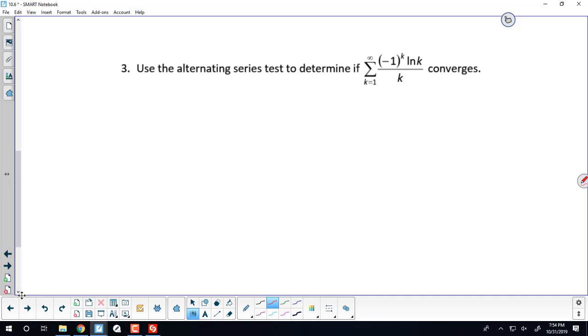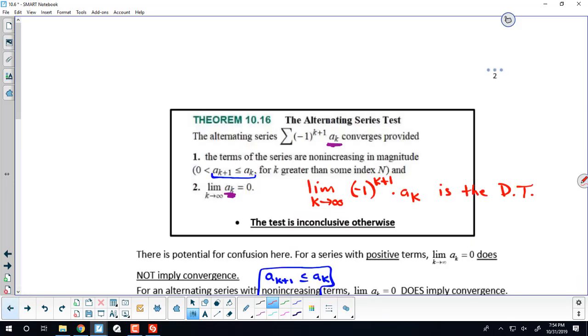So just a word of mention here. When we say that the terms are non-increasing in magnitude, as we see with this example, that might be a little bit more difficult to establish. We'll look at a graph too to show that it's really not a trivial thing. Just to say, since this is ln of k plus 1 over k plus 1, over a larger number, that this quotient is smaller, I don't think that's clear in this case because they're so close to one another.